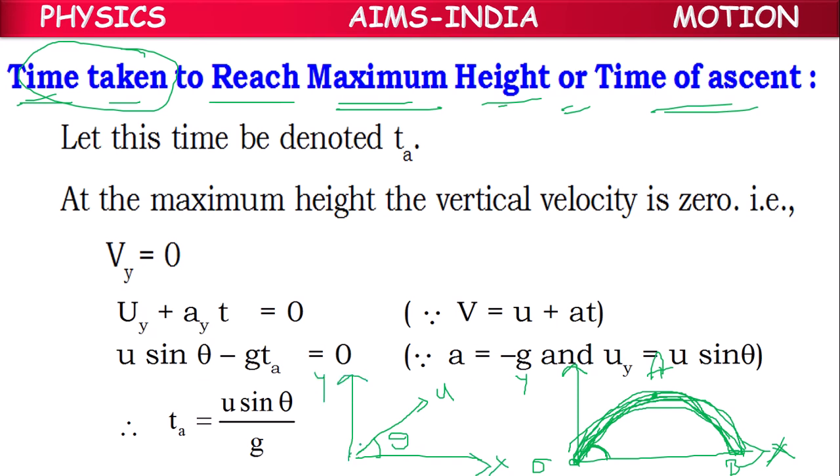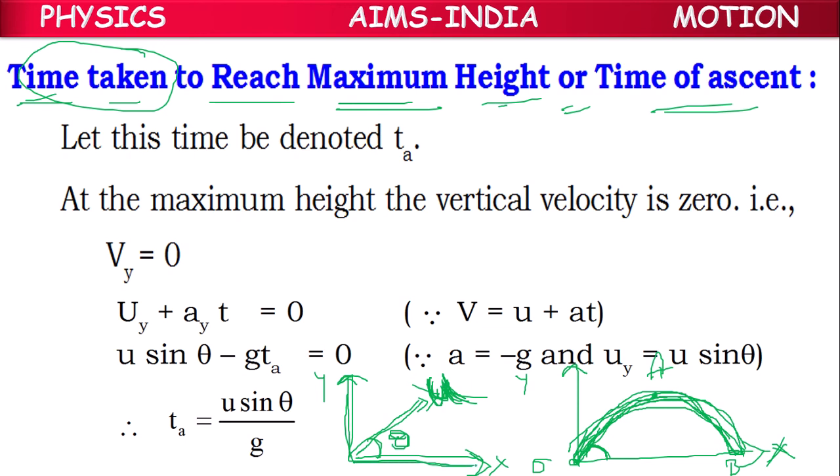But here, in the case of oblique projectile, with whatever velocity we have thrown the body, that will be split into two independent components, one along the horizontal direction, one along the vertical direction.